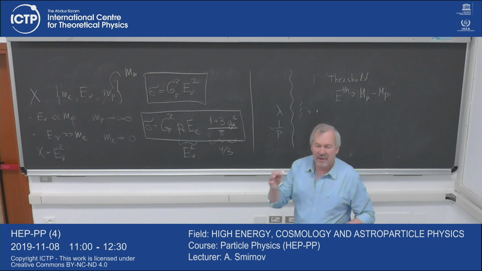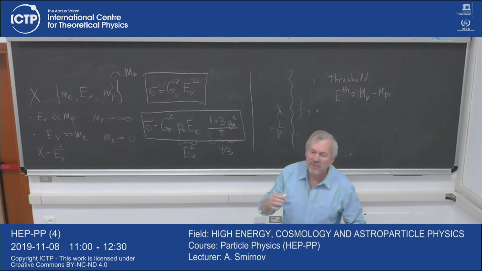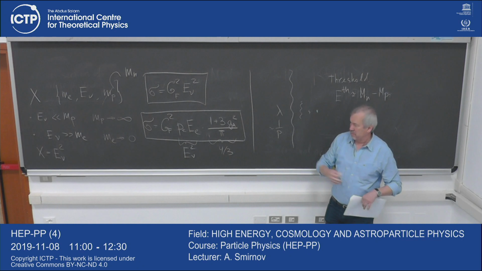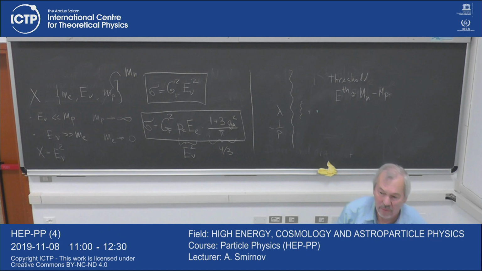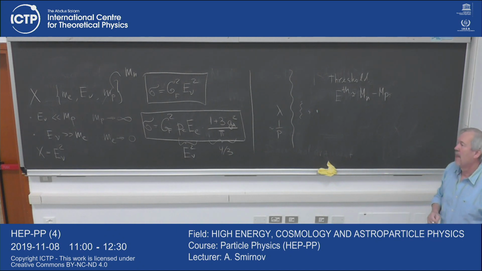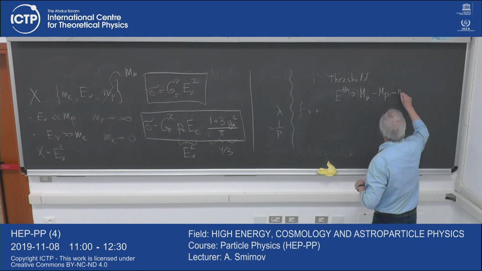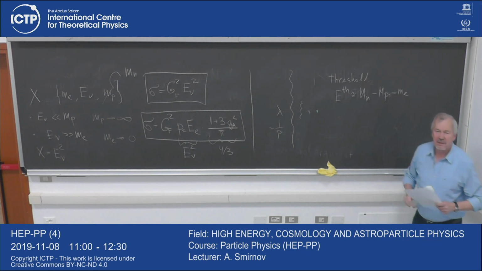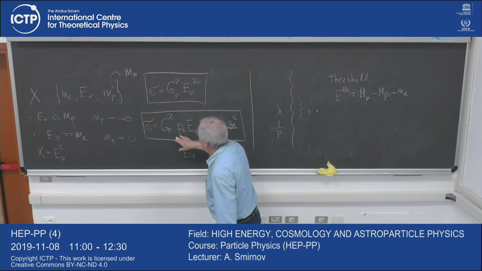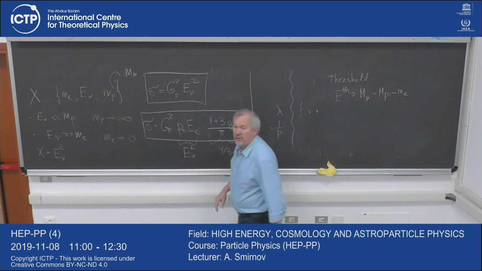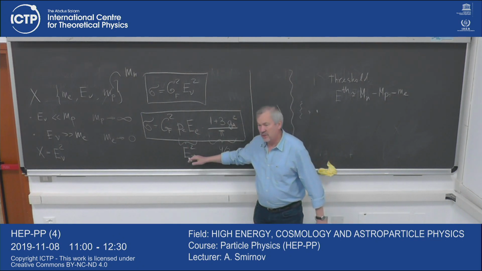The neutron is a bit heavier than the proton, and therefore with very small neutrino energy you cannot proceed with this reaction. Also you need to produce the positron in the final state. So in the first approximation you need to subtract also the mass of the positron. This is taken into account in the factor P and energy here. So I need to subtract the threshold from the energy.